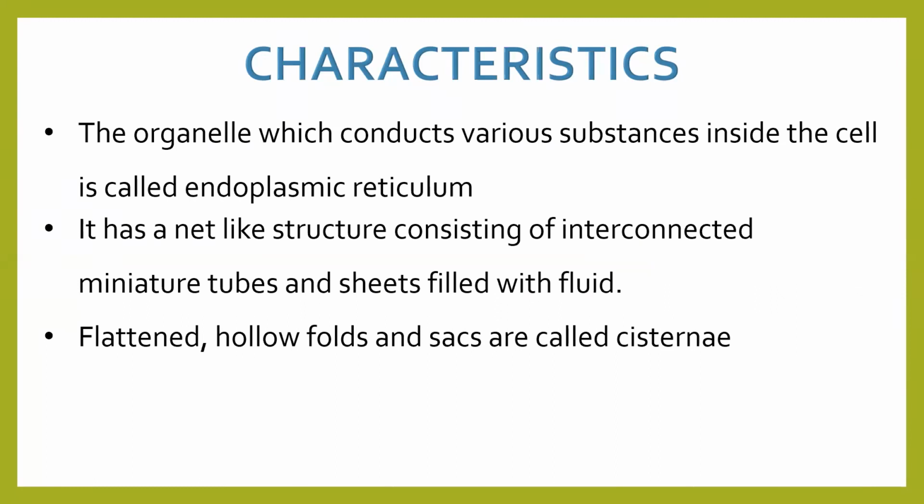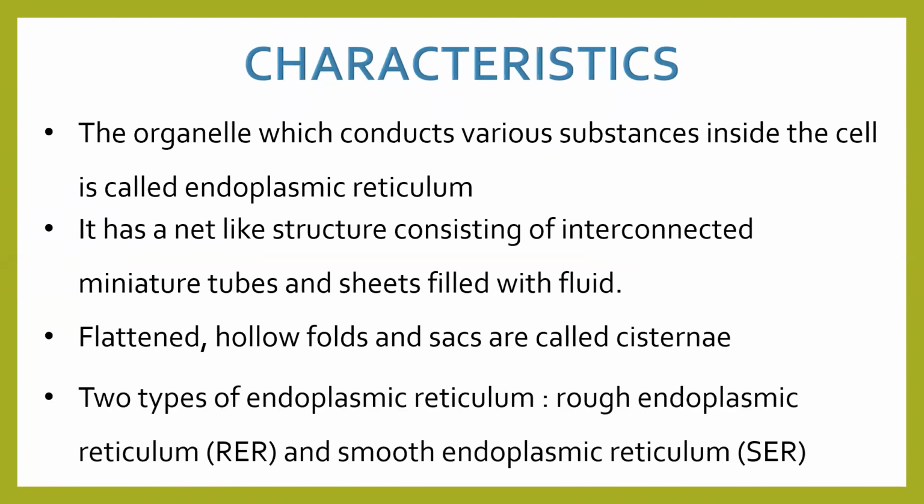Cisternae is a plural term and cisterna is a singular term. Now, the last point, there are two types of endoplasmic reticulum. One is called as rough endoplasmic reticulum, also called as RER. And there's second type, which is called as smooth endoplasmic reticulum, also called as SER.